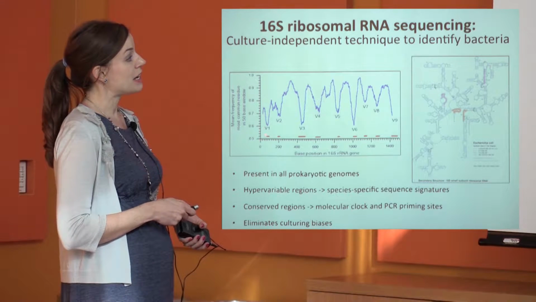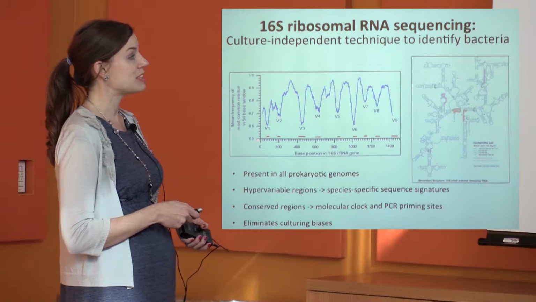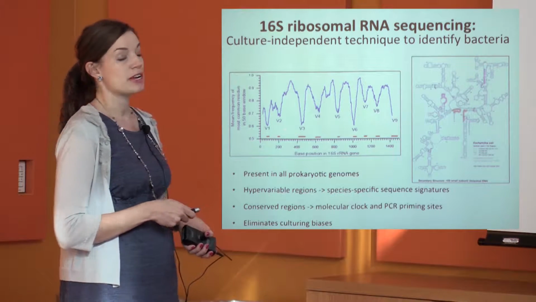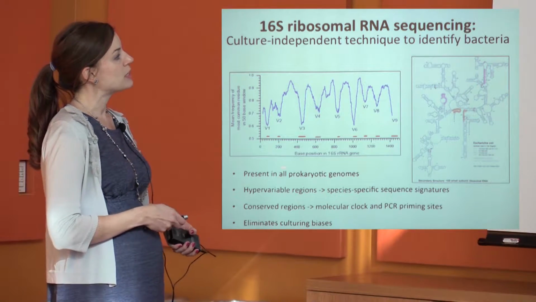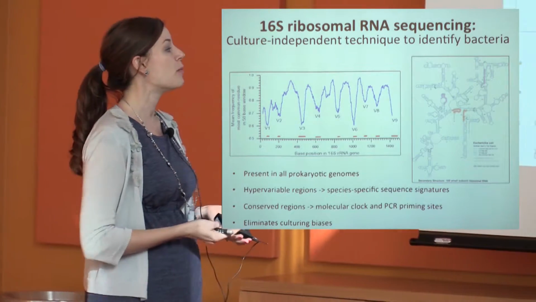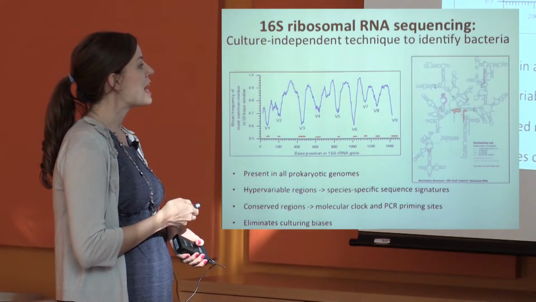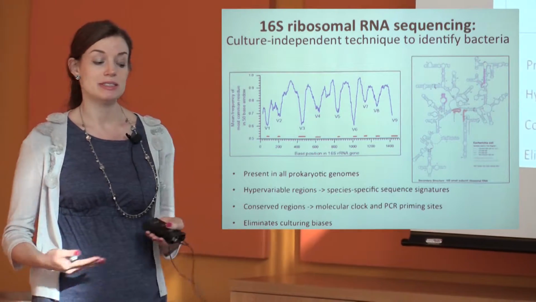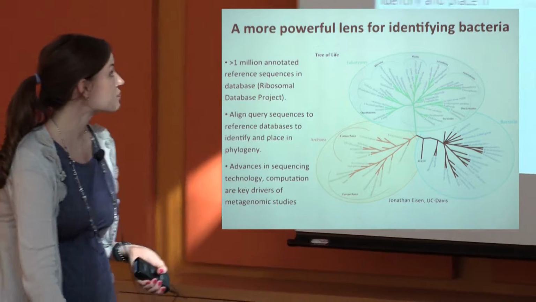But within the DNA sequence of this gene, and this is looking at the gene across base pairs, you have these hypervariable regions that evolve very quickly. Within those regions, you can use the sequences to identify what bacteria the gene came from. Essentially, by analyzing these sequences, you can eliminate the culturing biases.